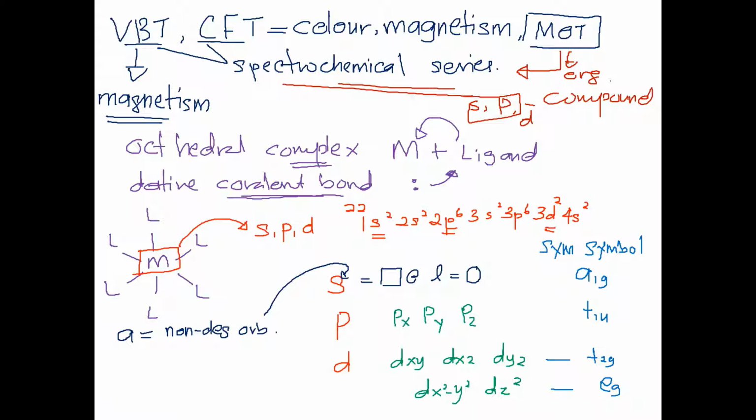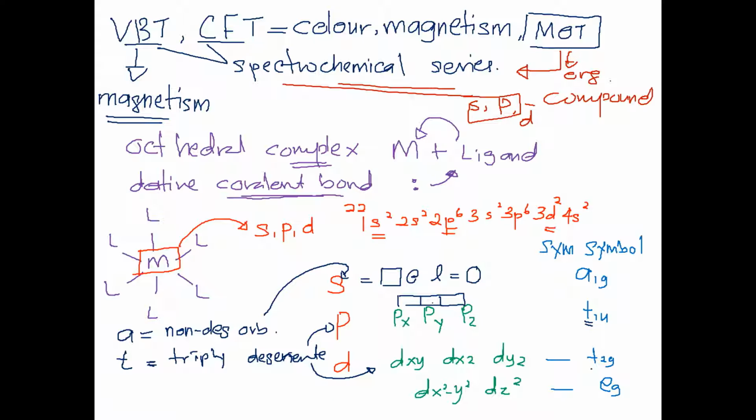While for the T here, why does it state T? Because it is triplet, triply degenerate. Why do I say this? Because the p orbital has 3 degeneracies: 1, 2, and 3. That's why T. Same goes for the T2g, because it has 3 degeneracies.